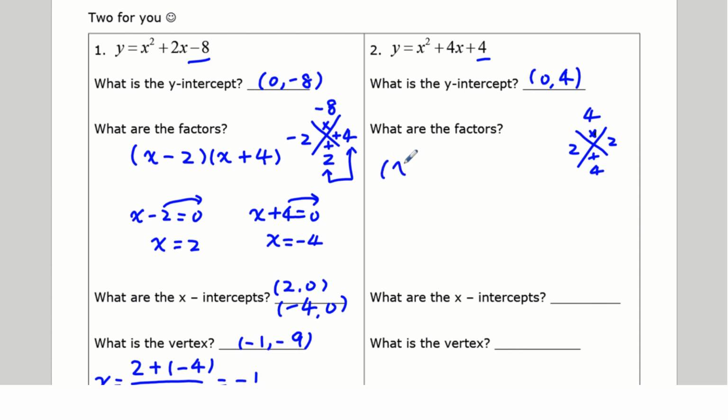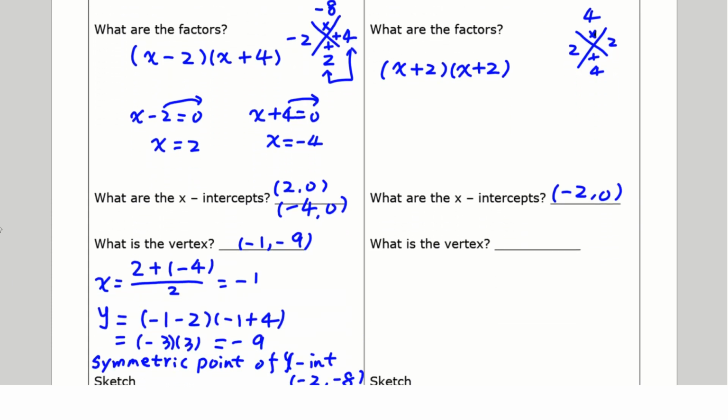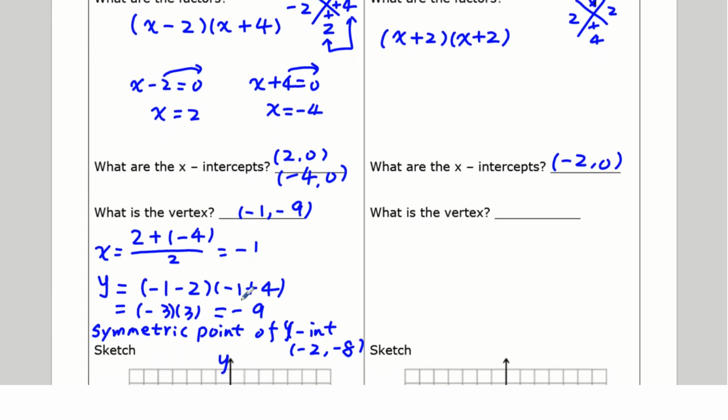So x plus 2 times x plus 2. Then the zeros will be the factor equals 0, x plus 2 equals 0. So for x, you have (-2, 0) and (-2, 0). We could call them two equal zeros or one zero.